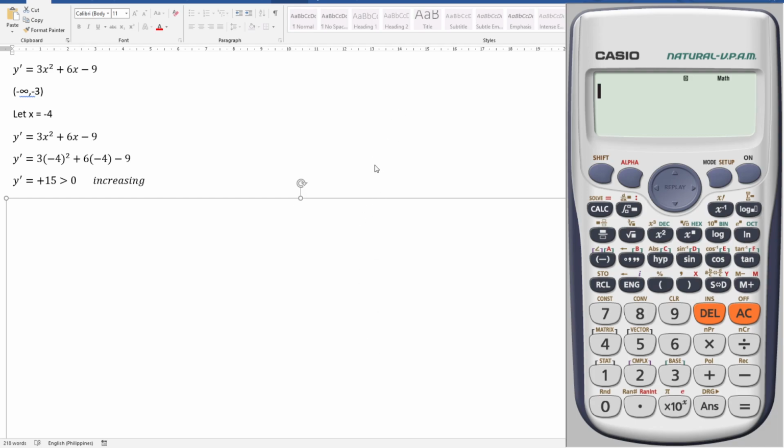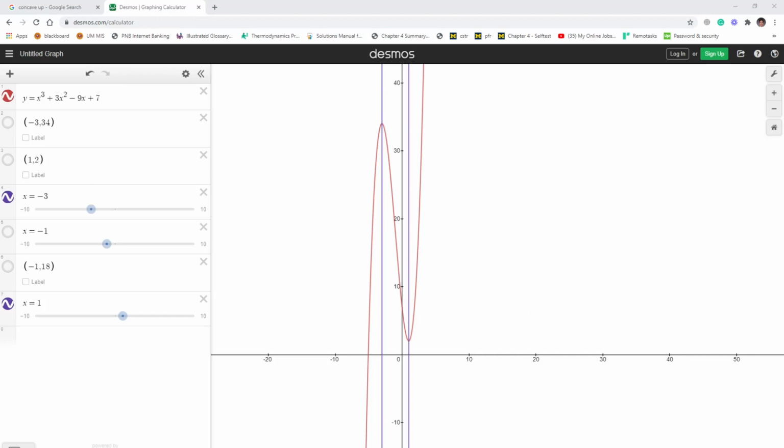The slope is, again, the first derivative is the slope, so it is going upward. If we try to illustrate that, from negative infinity to negative 3, you can see the function is going upward because the slope, or the y prime, is positive. So it is increasing in that interval alone.